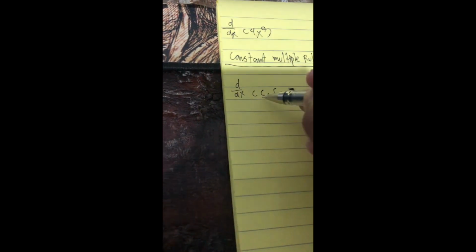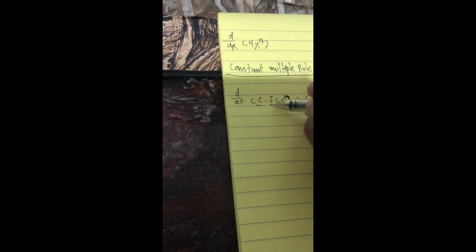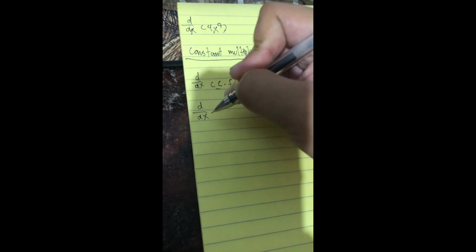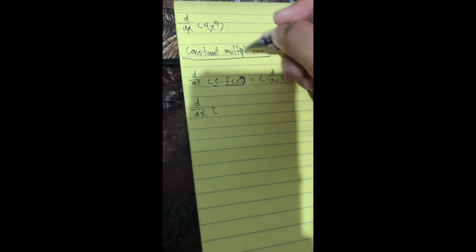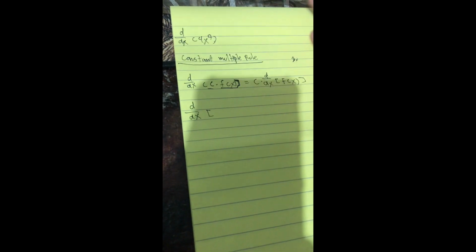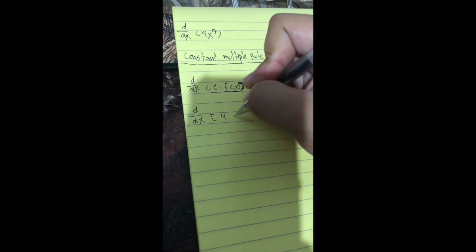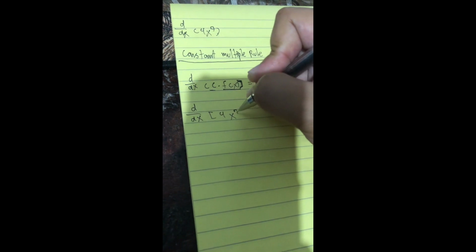So this is the constant and this is the variable. We will substitute. The constant is 4 and the variable is x to the power of 7.